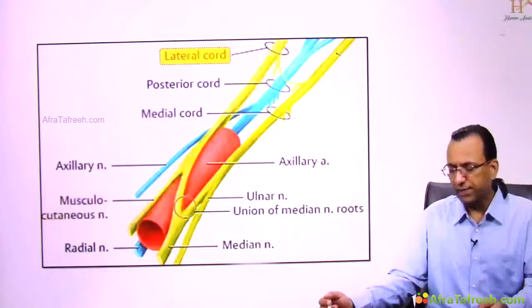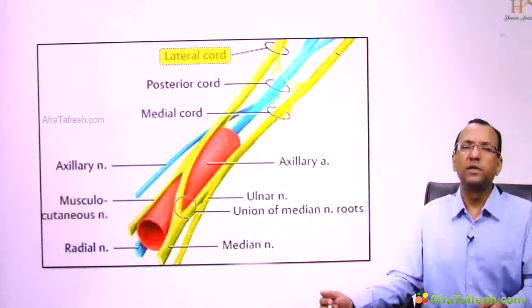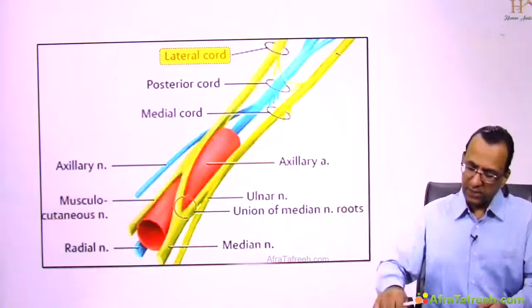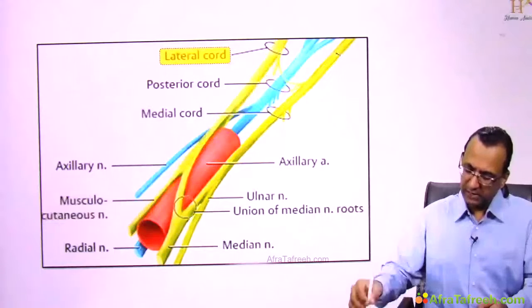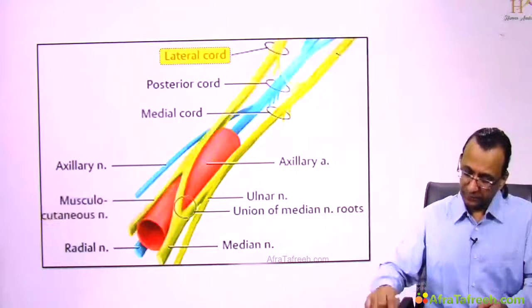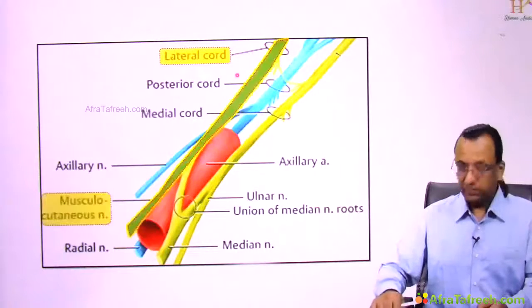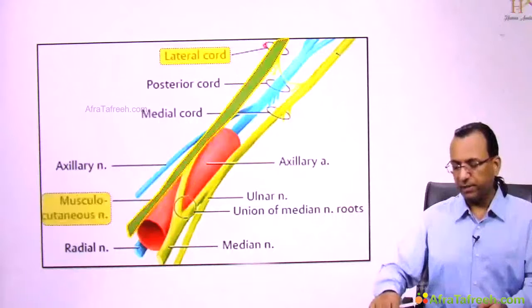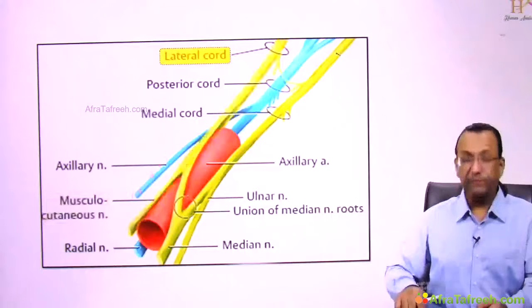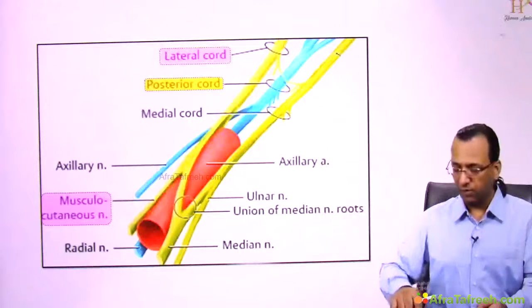So what is the continuation of the lateral cord of the brachial plexus in the axilla? The lateral cord of the brachial plexus in the axilla will continue as the musculocutaneous nerve. And what about the posterior cord?